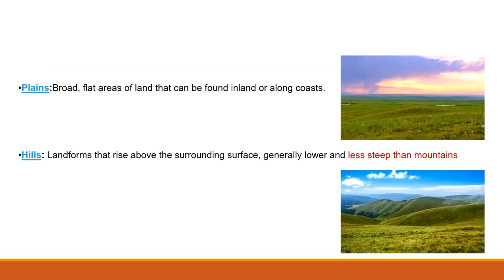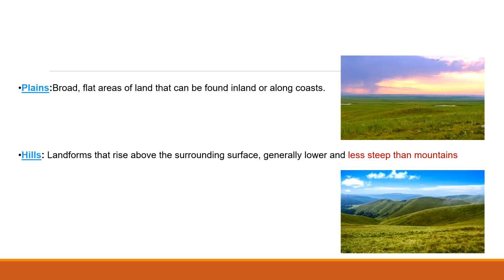Now what are plains? Plains are broad flat areas of land that can be found inland or along coasts. These are the flat lands where you can do agriculture. Major transportation networks are built there, like roads, railways and airports, along with industrial development and urban settlement, like schools and hospitals.